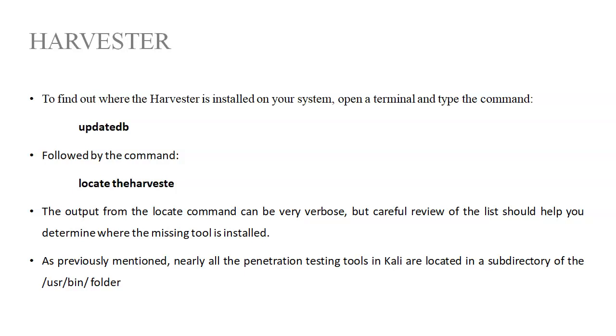The output from the locate command can be very verbose, but careful review of the list should help you determine where the missing tool is installed. As previously mentioned, nearly all the penetration testing tools in Kali are located in a subdirectory of the /usr/bin folder.